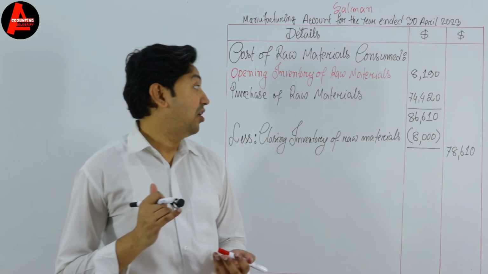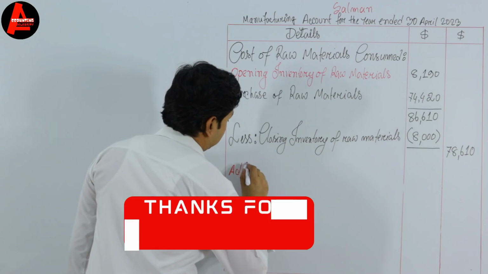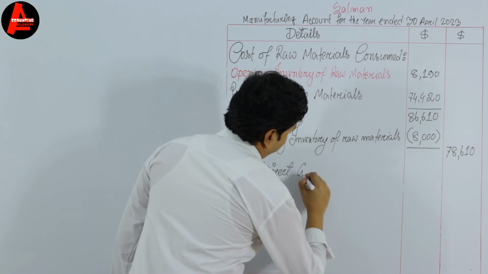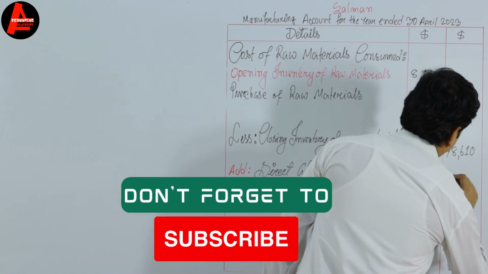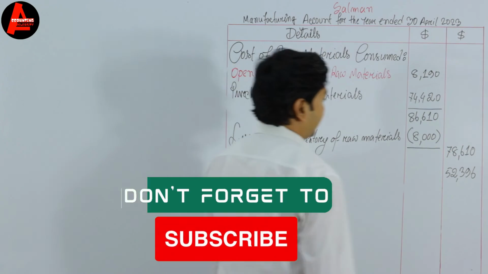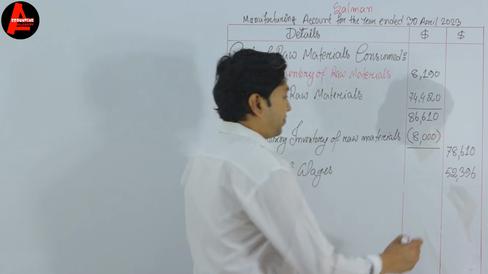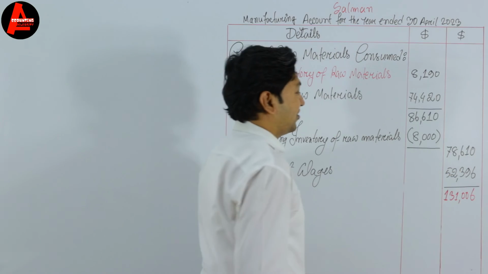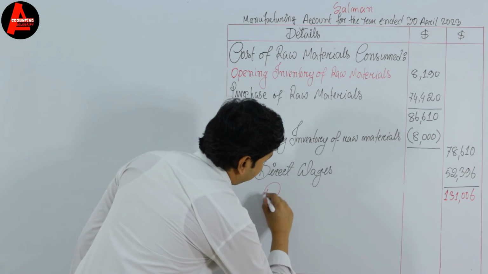Factory operatives, so we will write here direct wages $52,396. Now if we sum up these two amounts, we get $131,006. Okay, so this is our prime cost. So let us write here prime cost.